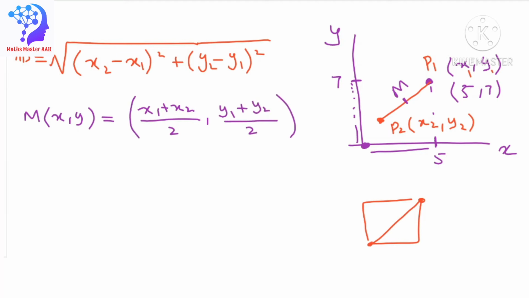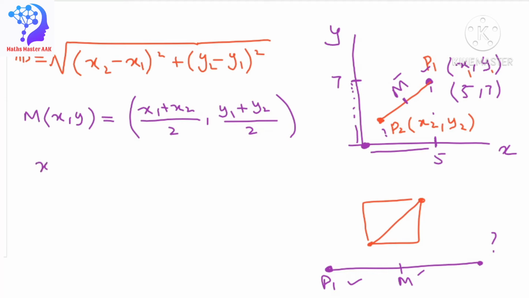Sometimes the question may give P1 and the midpoint M and ask for P2. It means the first point P1 is given, the midpoint M is given, and he is asking what the second point is. So simply you can use this formula for separate values of x and y.